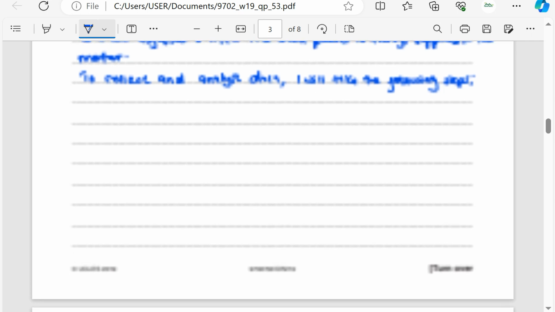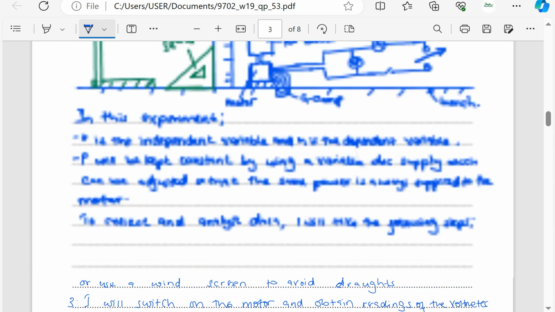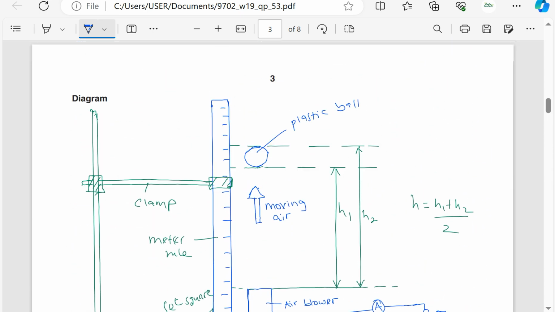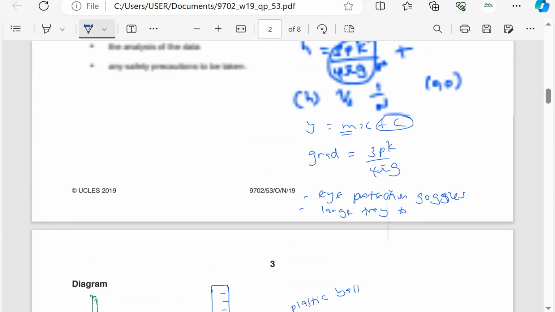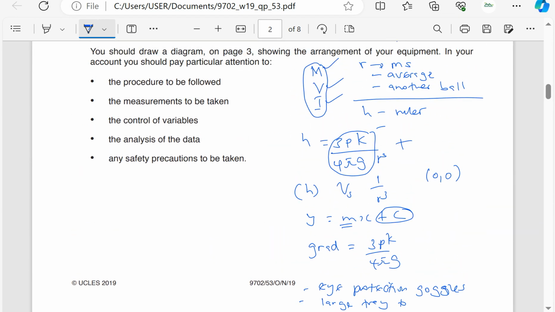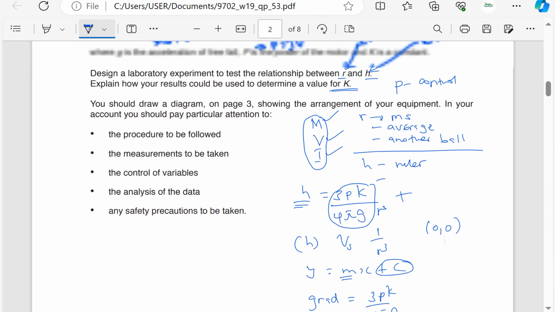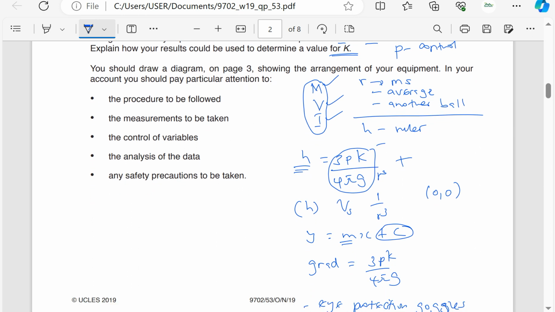Remember, in the preparation, we came to an agreement on which graph is most likely going to be plotted. I mentioned that you make sure that what is related to the independent variable is on the x-axis, and what is related to the dependent variable is on the y-axis. So on the x-axis we have 1 over r cubed, and on the y-axis we have h.